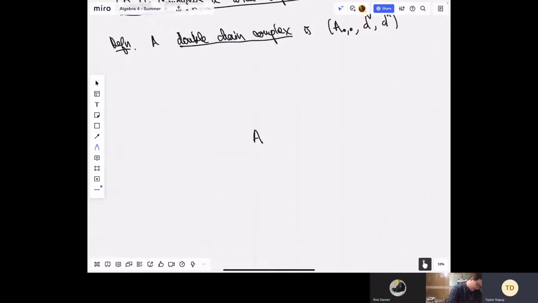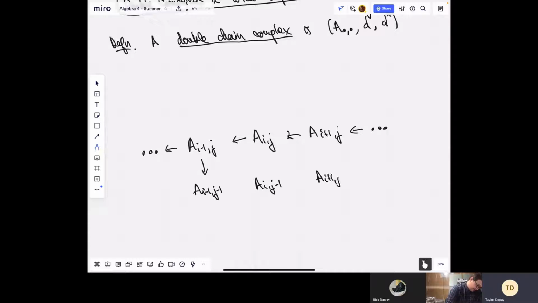So you have A_ij. Now I'm going to do homology. So we're going to go A_{i-1,j}, A_{i+1,j}, and this keeps going. Then we're going to go down here: A_{i-1,j-1}, A_{i,j-1}, A_{i+1,j-1}. So we have arrows going this way.